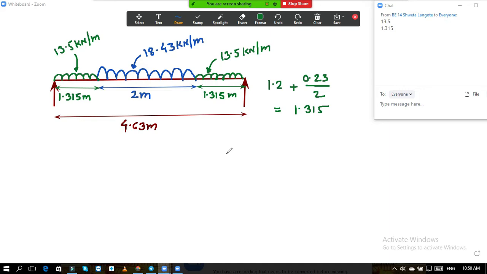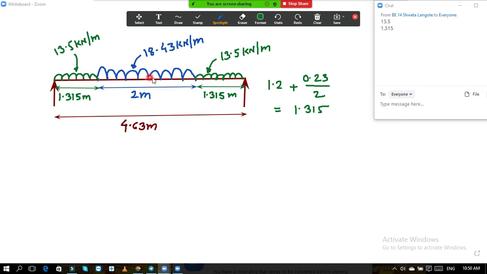Again, if you see this type of structure, if I consider the center point, then whatever may be the loading, the length and type of support on the right hand side is matching with the left hand side.